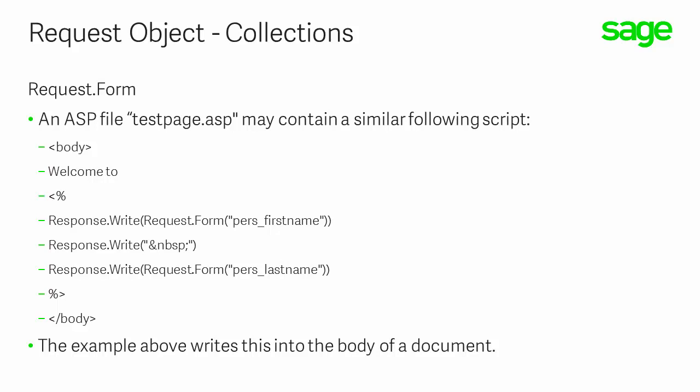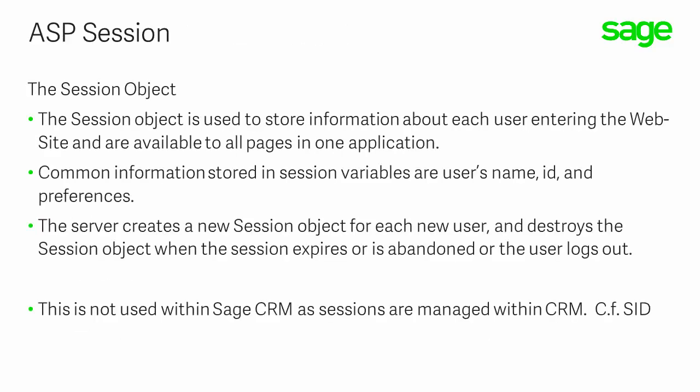Okay. Other objects that ASP Pages have include things like the Session object. This is used to store information about each user entering the website. Sessions are referring here to the IIS session, but we don't use IIS sessions because we separately manage our own sessions inside Sage CRM.